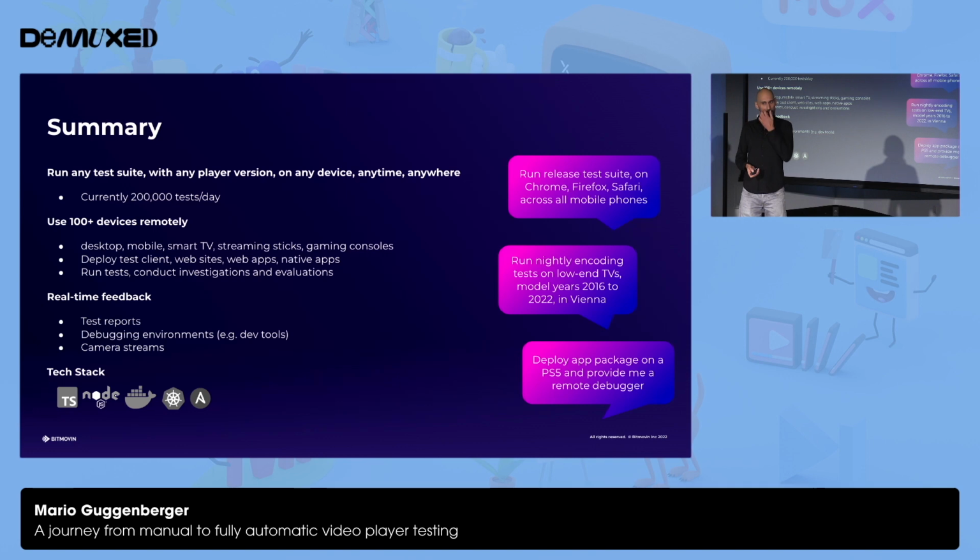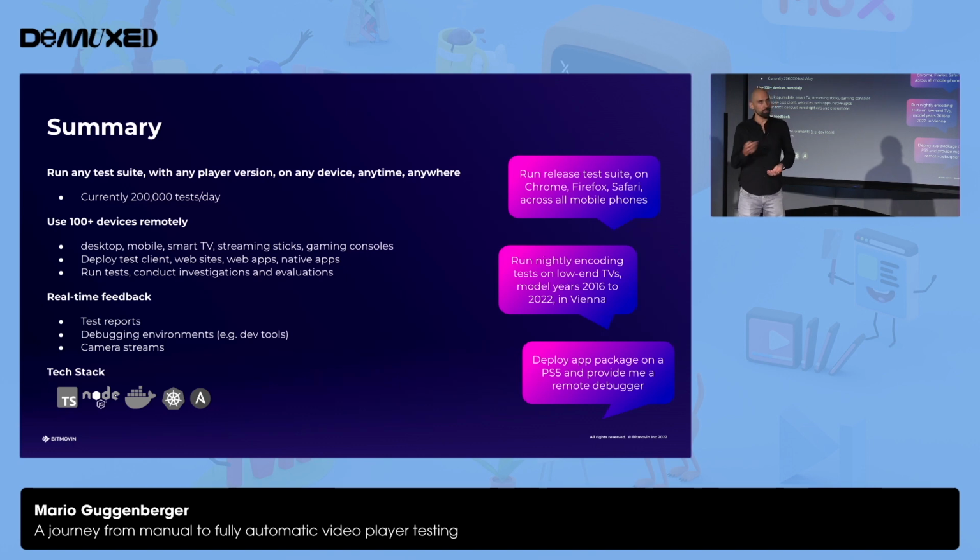So summing up, we started out simply seeking a way to automatically execute our tests. And what we have today is a nice system which can run any version of any test suite together with any player version on basically any device, and specifically on any of our 100 plus automated devices in parallel, and that's how we reached the 200,000 tests per day, as mentioned.